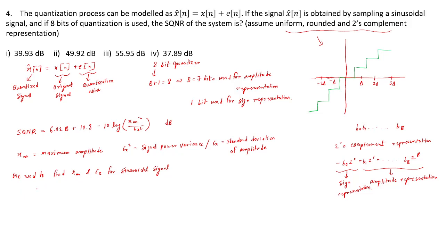So we know xm is the maximum amplitude. So for a particular sinusoidal signal, continuous time, of course, what is its representation going to be? The x c of t is going to, in simplest form, be xm sin t, correct? But xm is the peak value, correct?